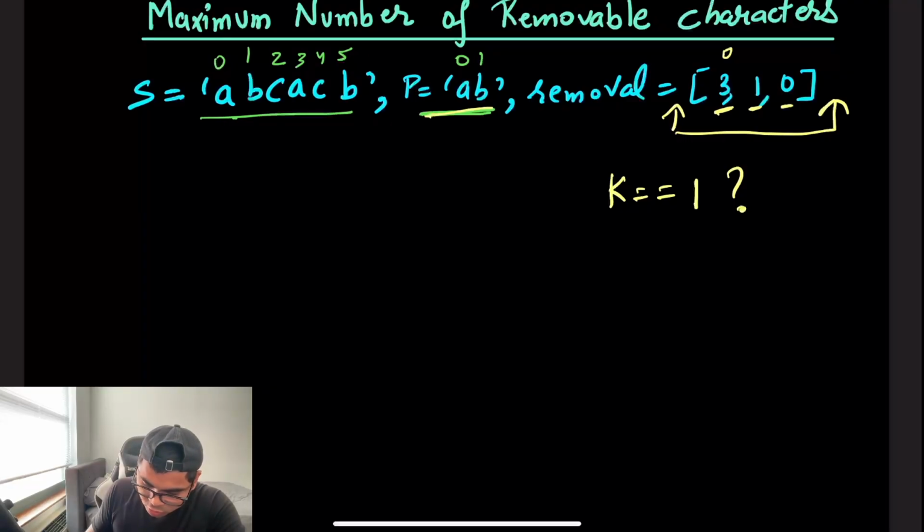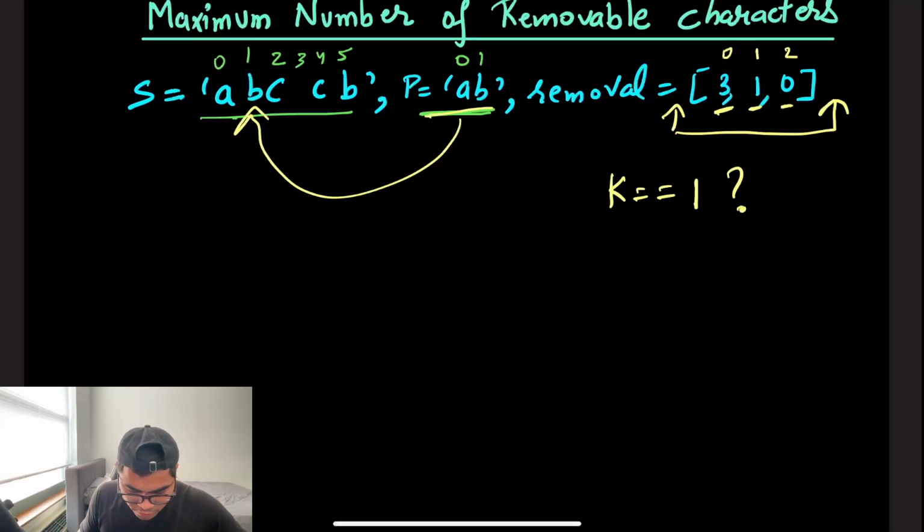So choosing k equals 1 as a value, but the index is 0. Now I will remove the third index from here and check if p is still a subsequence of S. It is, because you can check this value present over here. How about if I need to return the maximum k? I need to again linearly check.